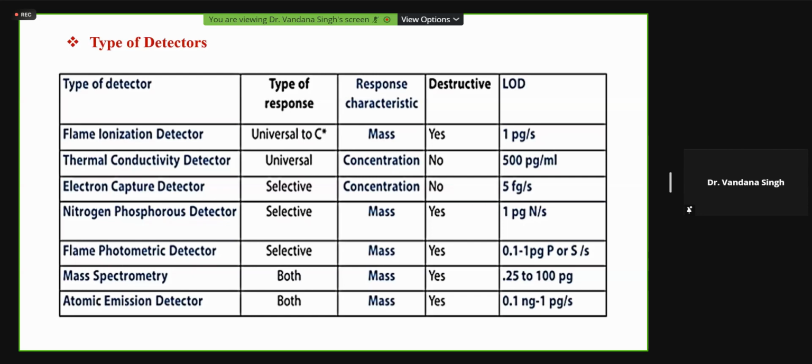Similarly, the temperature programming also affects our end result or chromatogram, so that should also be optimized, and we have to adjust the temperature of the oven according to our requirement to get better separation and resolution and get the ideal chromatogram.